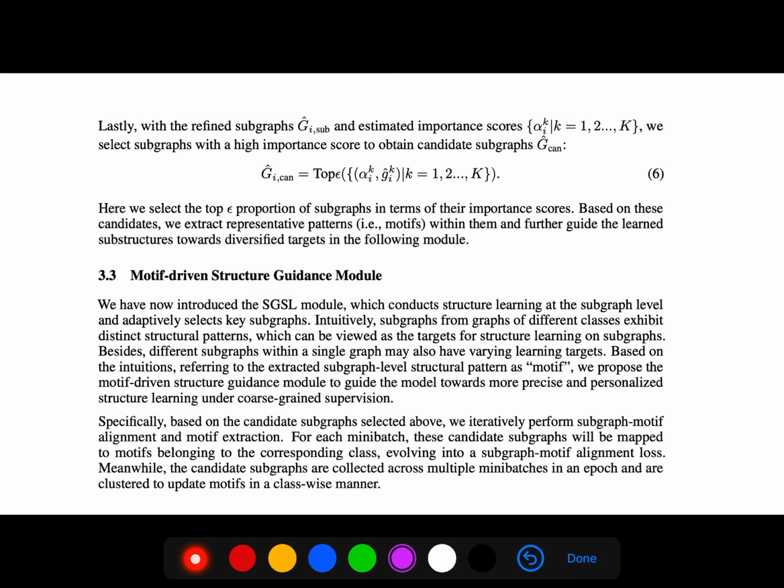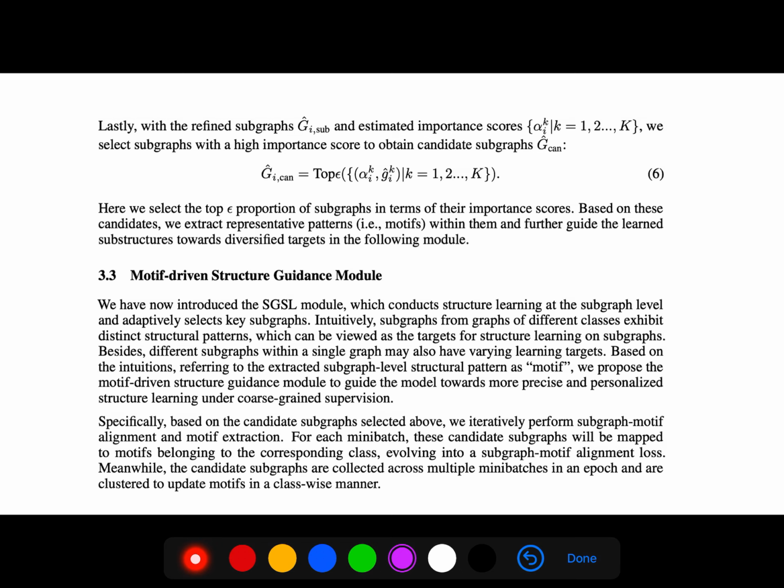Okay, so we have now introduced the SGSL module, which conducts structural learning at the subgraph level and adaptively selects key subgraphs. Intuitively, subgraphs from graphs of different classes exhibit distinct structural patterns, which can be viewed as a target for structural learning in the subgraphs.